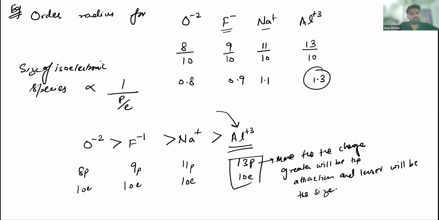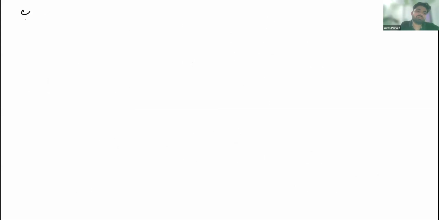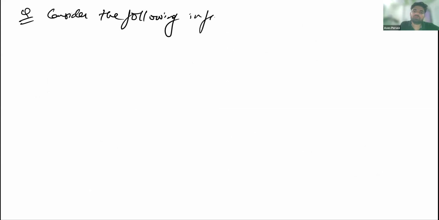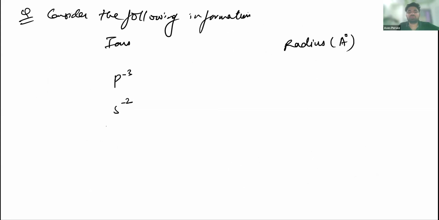Okay. Now let's take a question here. Consider the following information. We have ions here and their radius in angstrom. We have P minus 3, S minus 2, Cl minus, and Ca2 positive.